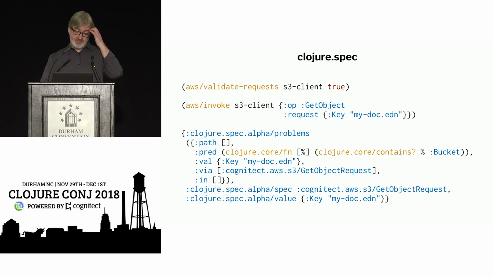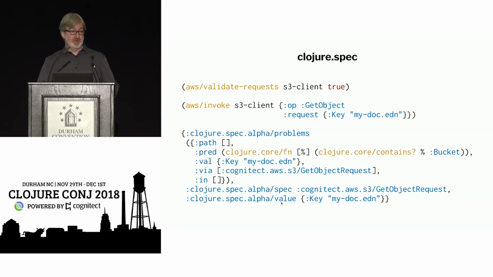So if you turn on validation, validate requests true, you can see I made a request here and I'm missing something, and you get this output from Clojure spec. For those of you who've used this, it should be really familiar. For those who are new to it, the key at the top of the map is problems, and it's a collection of the problems that were encountered, and then the spec, which is the name of the spec, or the key of the spec that was invoked.